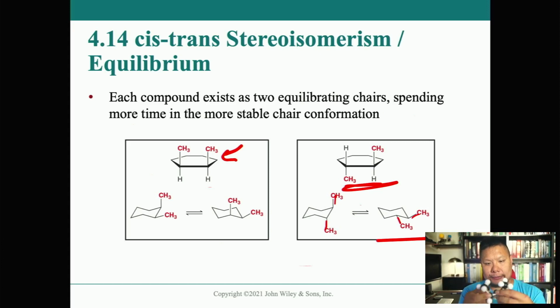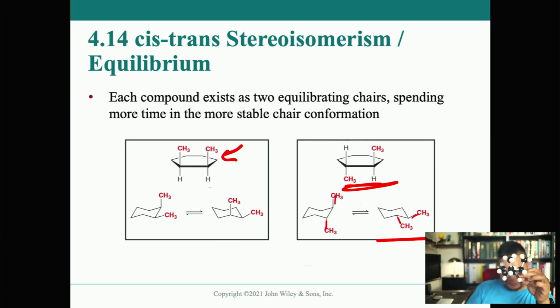But if you were to change this back to the cis version, like that, in this chair conformation, one is axial, and then when you do the chair flip, the arrangement swaps.